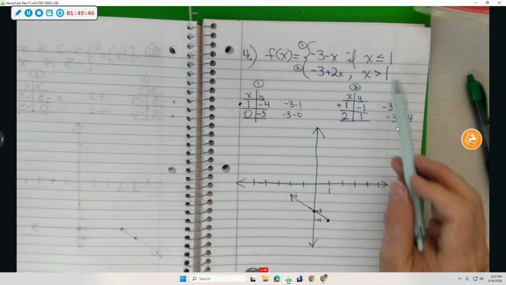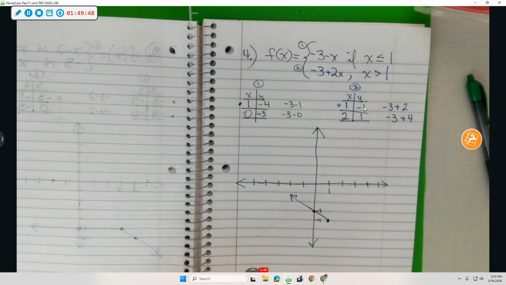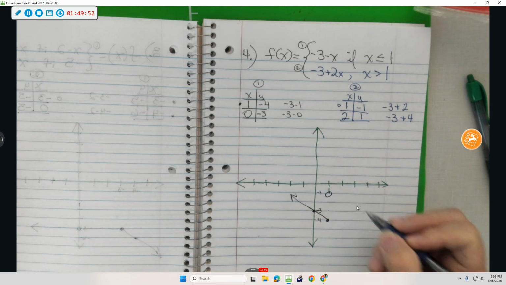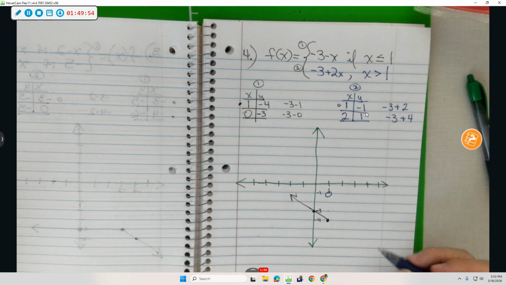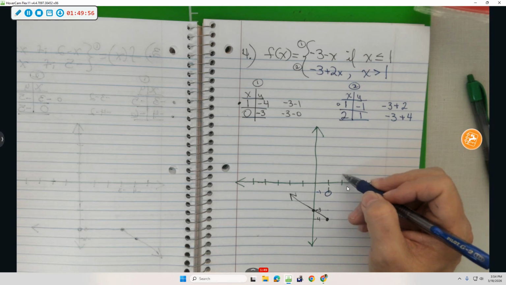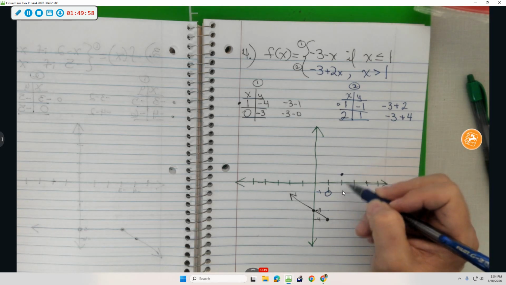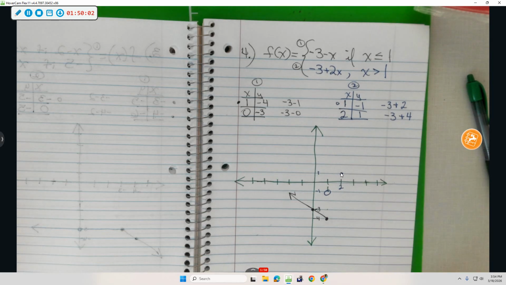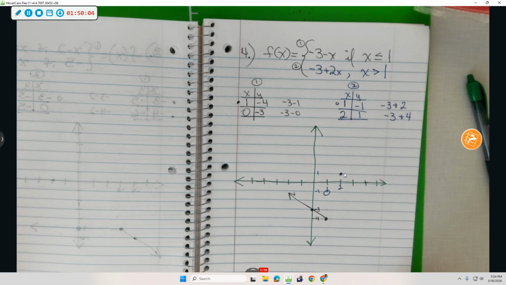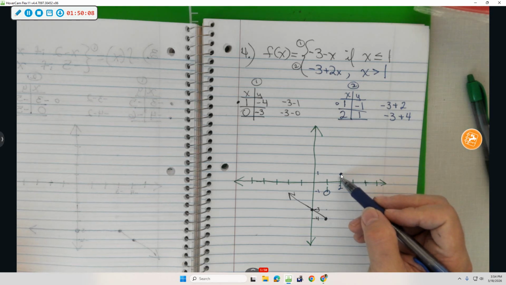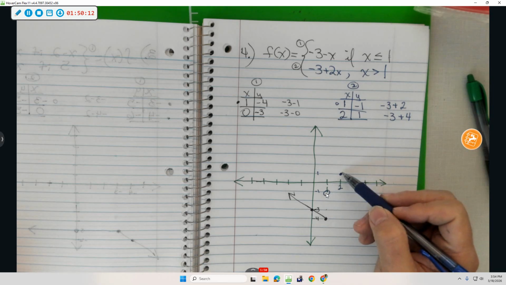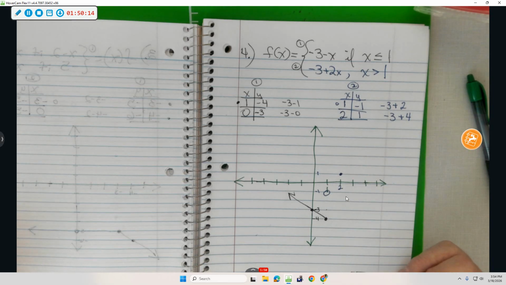Now the blue piece. 1, negative 1, right 1, down 1. We have an open circle. Then 2, 1. Just a plain closed dot. Am I going to start at the closed dot and go towards the open circle, or start at the open circle and go towards the closed dot?